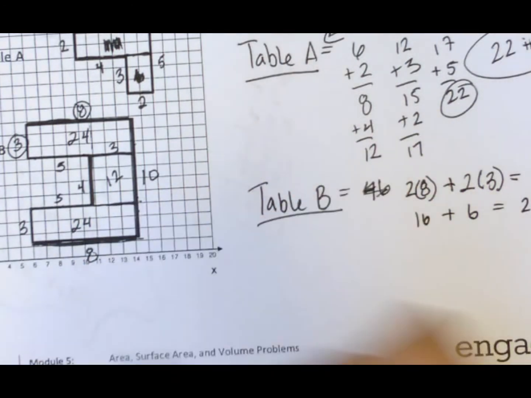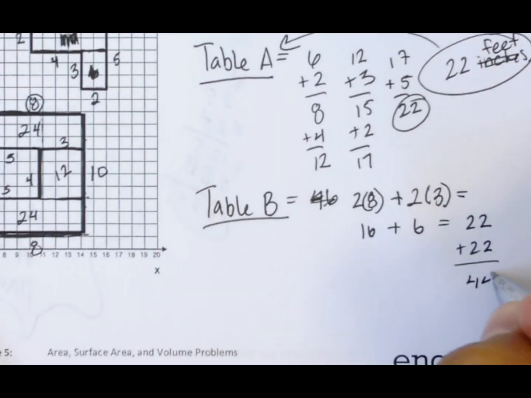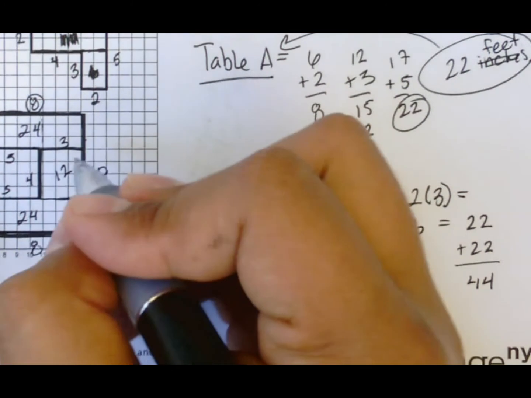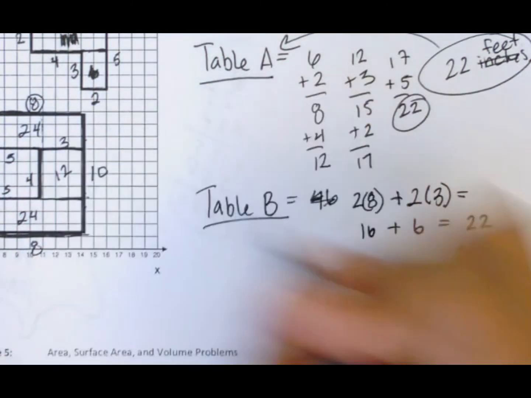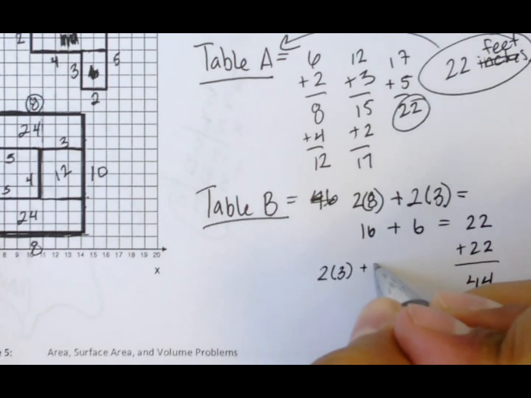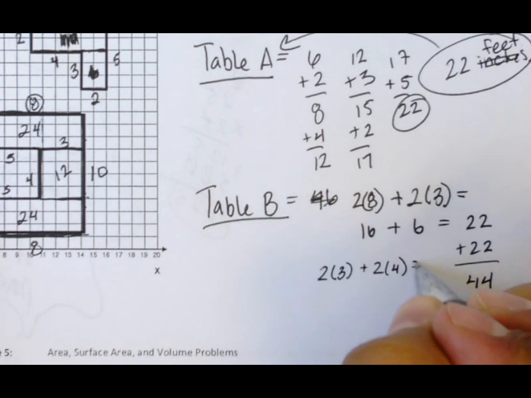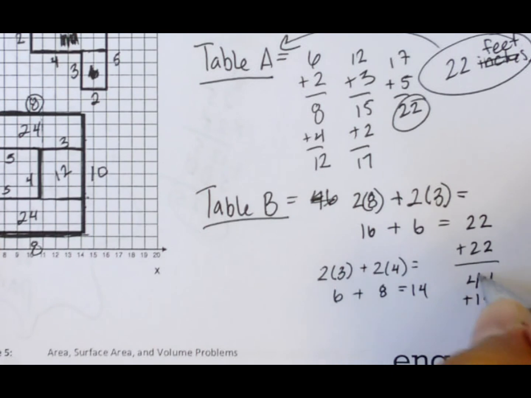How many of these do we have? So just add 22 again. Next, we have 3 by 4, right? Which would be 6 plus 8 equals what? You add 14 to that. 4 plus 4 is 8. And 58 is your answer.